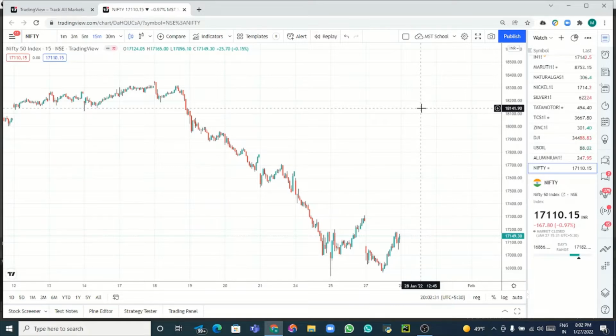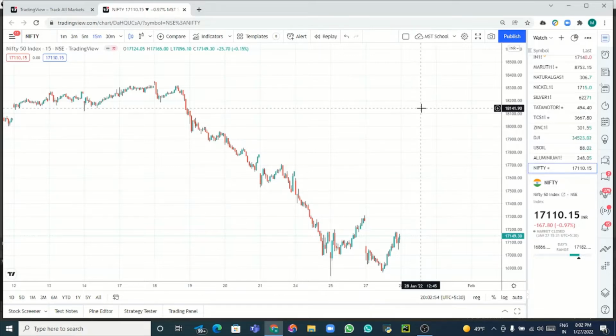Now, coming back to our performance. You all know how to use our indicator, but if you are new, once again I will start from scratch. Go to any browser and type tradingview.com. Use your Gmail ID, or your username and password if you already have an account in TradingView.